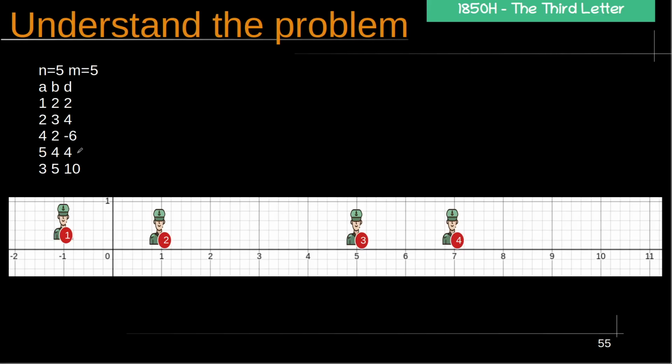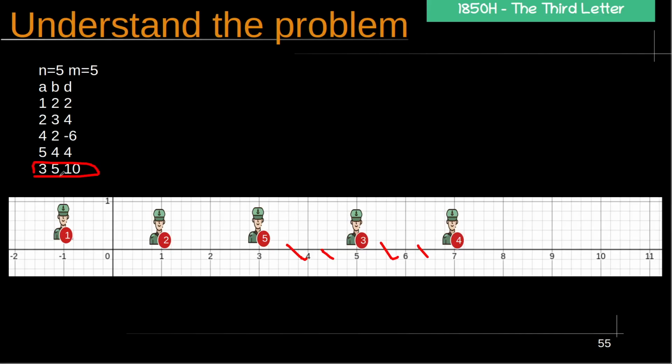Here in this condition, 5, 4, 4 means that soldier 5 is in front of soldier 4 by 4 units. You see here 5 and 4. The distance is 4. Soldier 5 is in front of soldier 4 by 4 units. The problem is here. Can we make this condition?